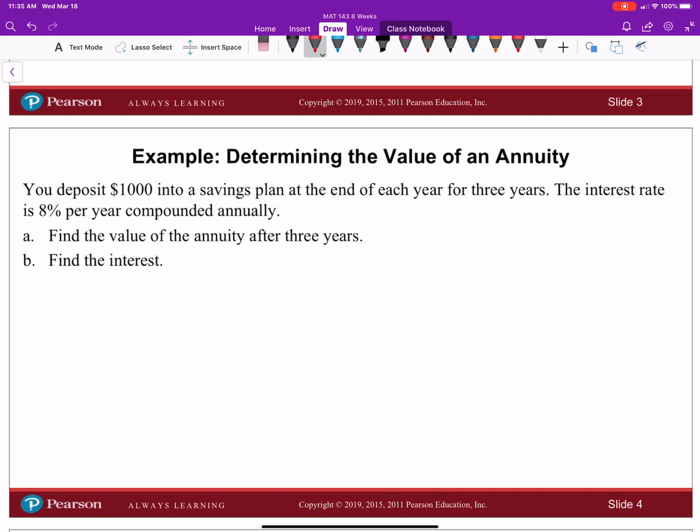So at the end of the first year, in year one, we know that we put in $1,000. After year two, we know that we have that $1,000 times 1 plus 0.08.